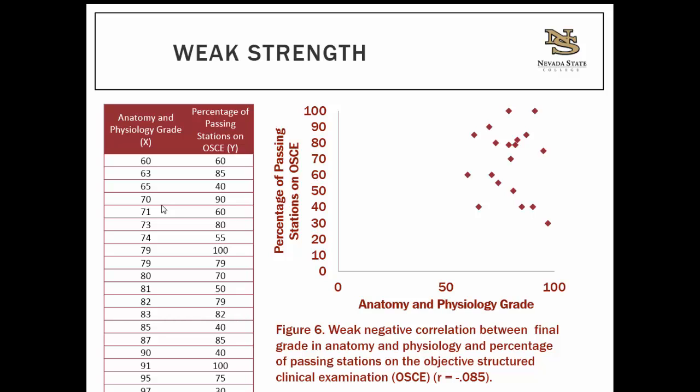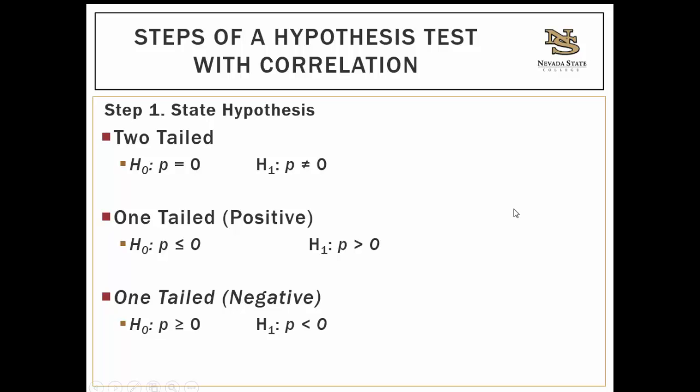So there's this thing that's called the objective structured clinical examination, where they have nurses or prospective nurses go to different stations and perform different tasks, and they grade them on how well they perform the tasks. And again, that doesn't appear to have a relationship with your grade in anatomy and physiology, which is a really important class in most medical programs. So we see this data, we see the weak correlation, right? Not a consistent pattern, and the data points are spread out all over the place.